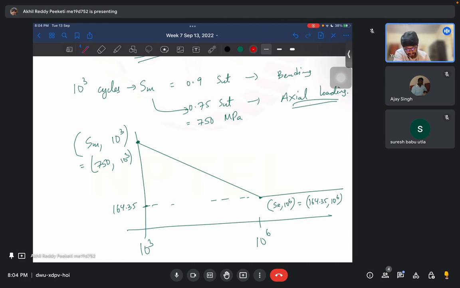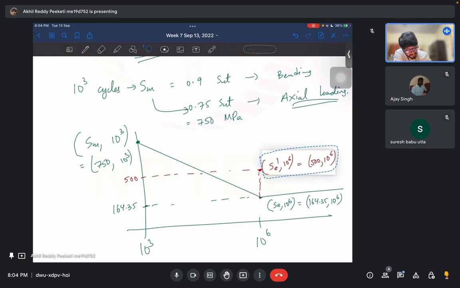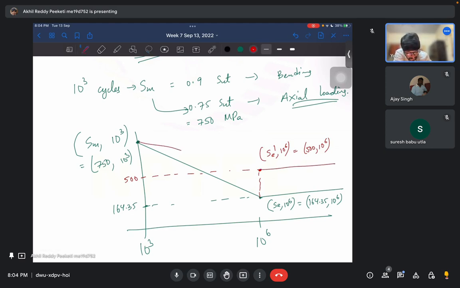If you didn't use any correction factors, this is what you would get.